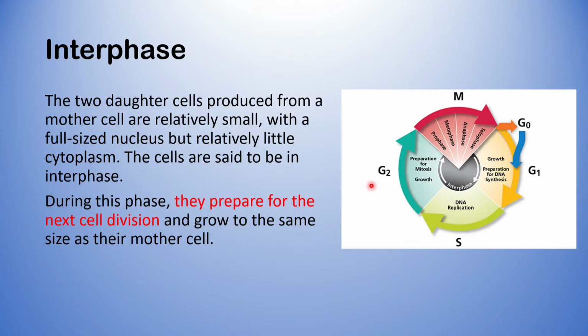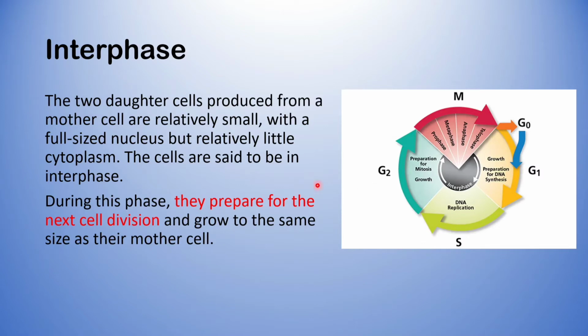In cell division there are 2 types: mitosis and meiosis. In every cell division there is a preliminary round, the preparation for the cell to divide, and the first step is interphase.